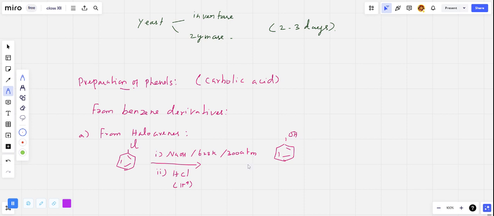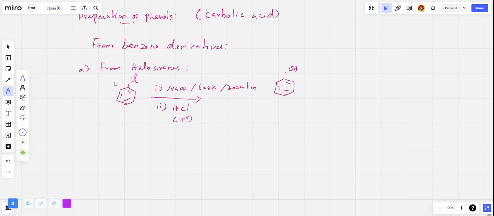You can write this in one step, or in two steps. In the first step, it gives sodium phenoxide, which on hydrolysis gives phenol. If you write it in one step, you have to write everything together.